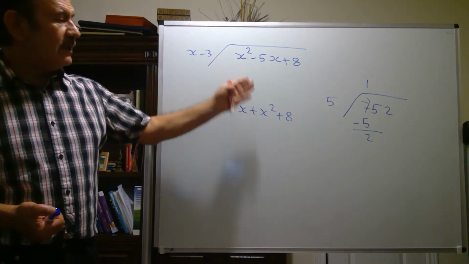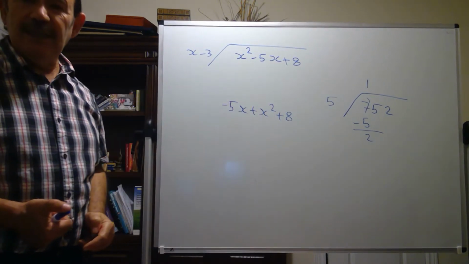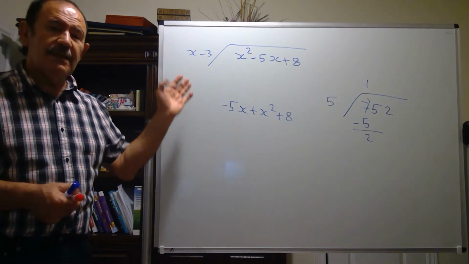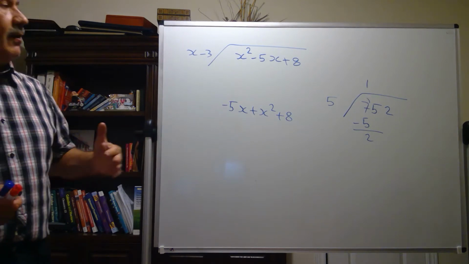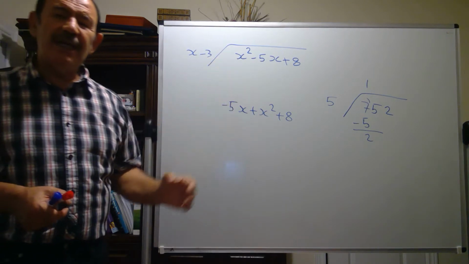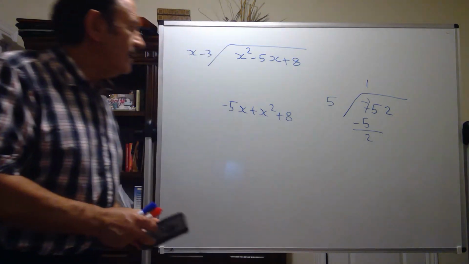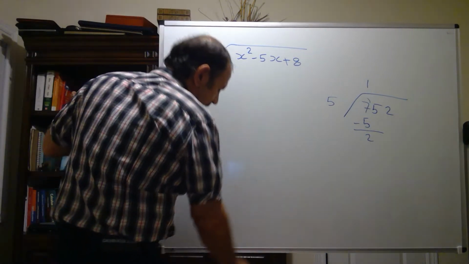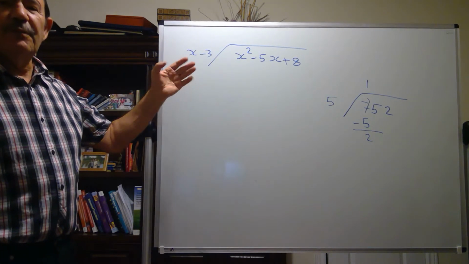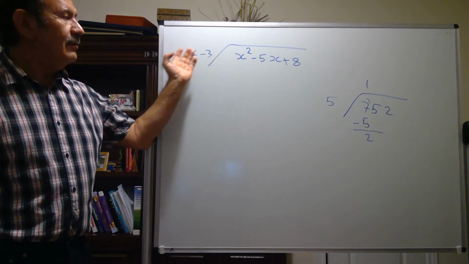So we should change the order in a way that the highest degree comes first, and then the degree gets less and less. Always remember, if you don't arrange it, then it's not going to work. If there is a gap between the exponents, we should fill the gap, which I will explain in the next example. So first, arrange both dividend and divisor, both sides, from highest degree to lowest degree.